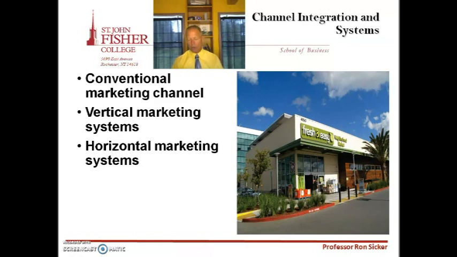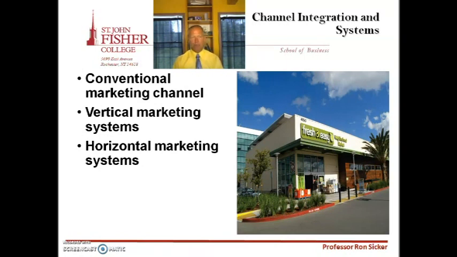They also own the wholesaler, they own the retailer. So they own the product, the wholesaler, and the retailer. Oftentimes you see products that'll do that. Apple owns the product, they also own the retail store, and then they own the wholesaler also sometimes. So those are vertical marketing systems.